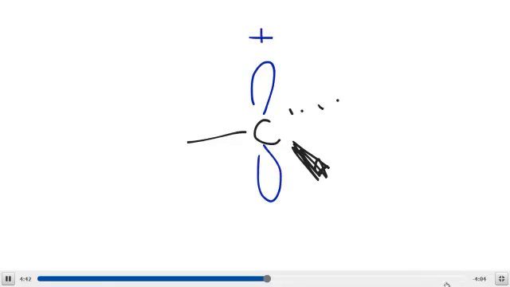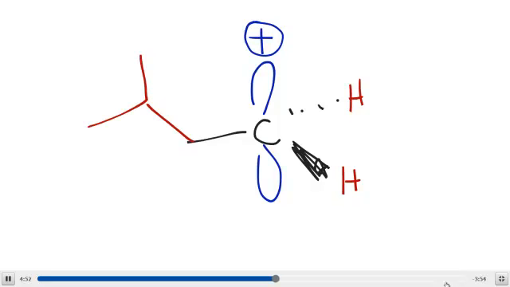But if you had it, this little carbon here would have hydrogen here, and the rest of the molecule out there.